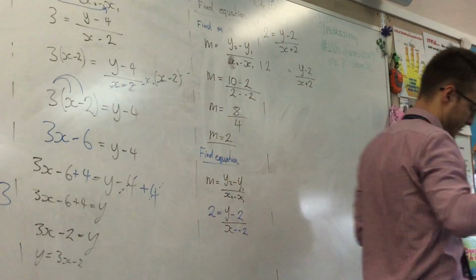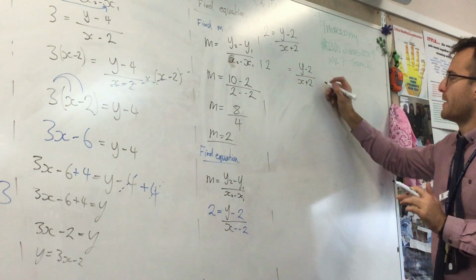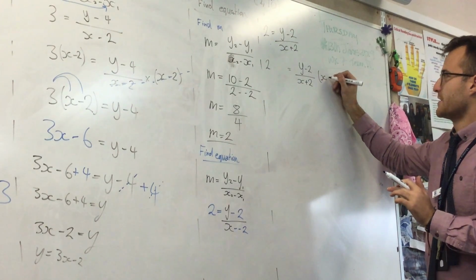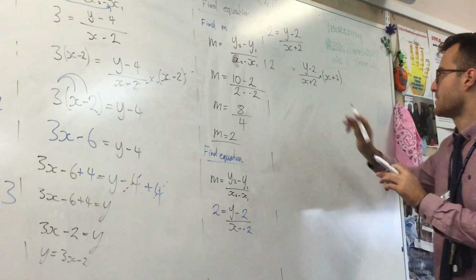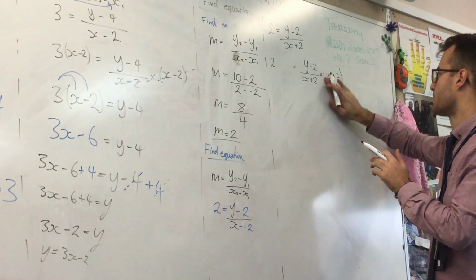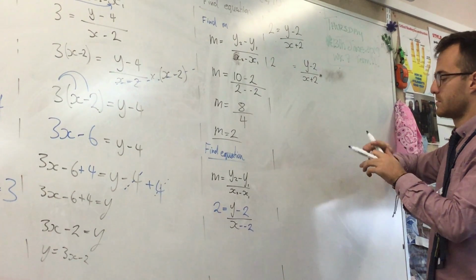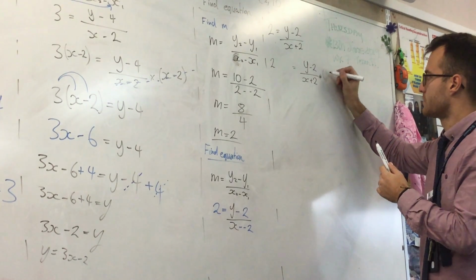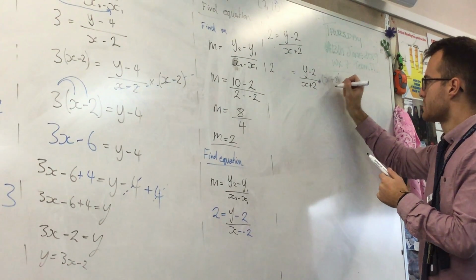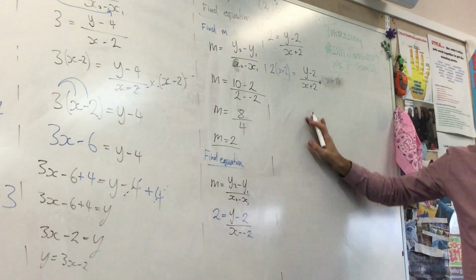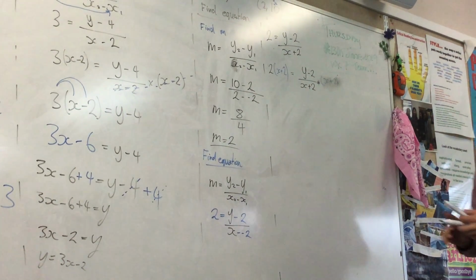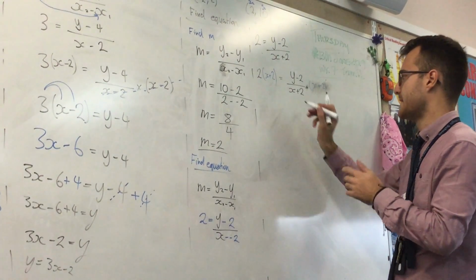So I've got that, and Yanni's just excellently told me that we're going to times x plus 2 to both sides. That was meant to be in blue, sorry. I assume we're all cool with that line? Sweet. These will cancel out.